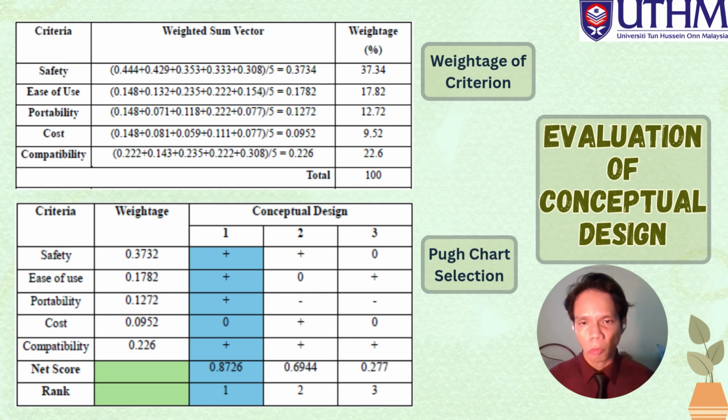As you can see over here, the conceptual design one has the biggest score, which is 0.8726, and then the second design has 0.6944, and lastly the third design has 0.277. So for my project, I use conceptual design 1 for my selection.